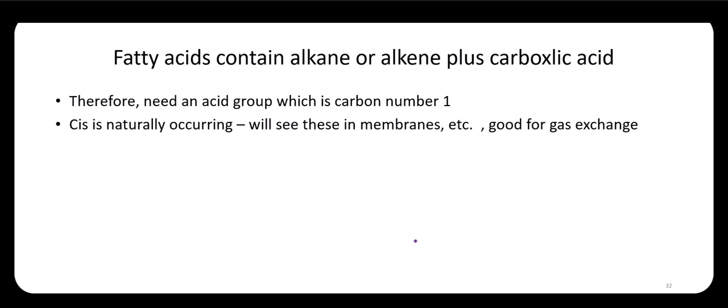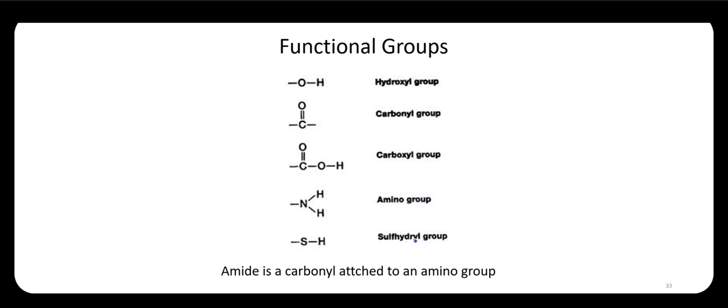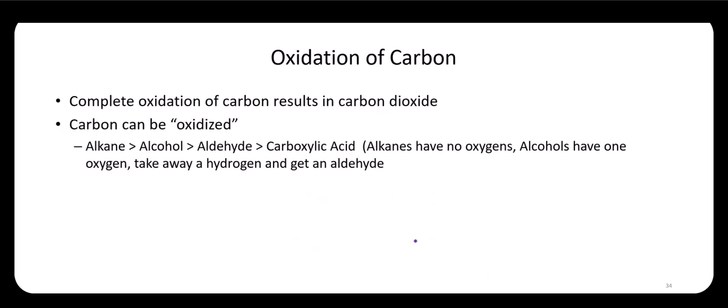Okay, so we said the carboxylic acid on the end of the alkane or the alkene makes it a fatty acid. A couple more functional groups. I think we've hit all of them. Sulfhydryl we haven't. That's okay though. What we're really going to be doing next trimester is oxidizing carbon-containing molecules. And this is where the functional group idea gets so important.